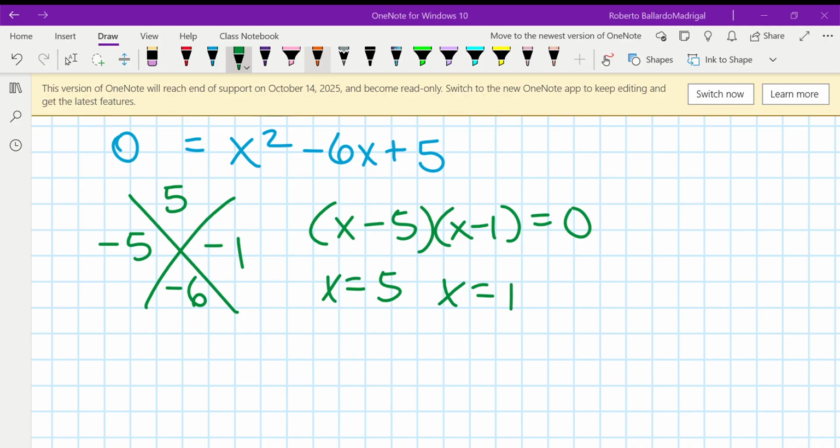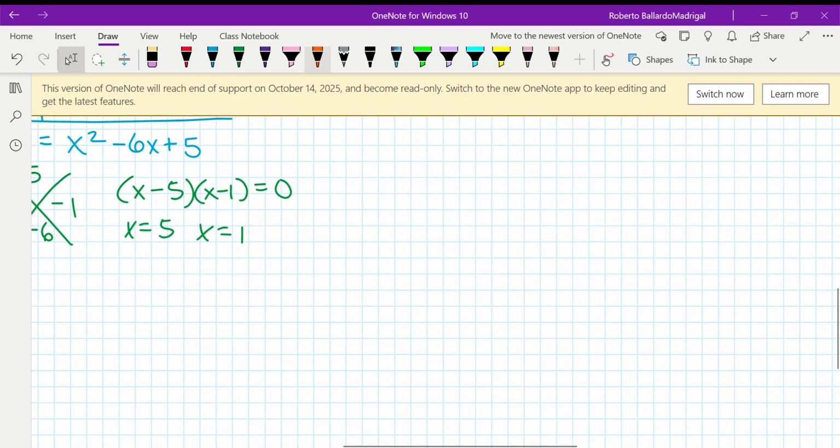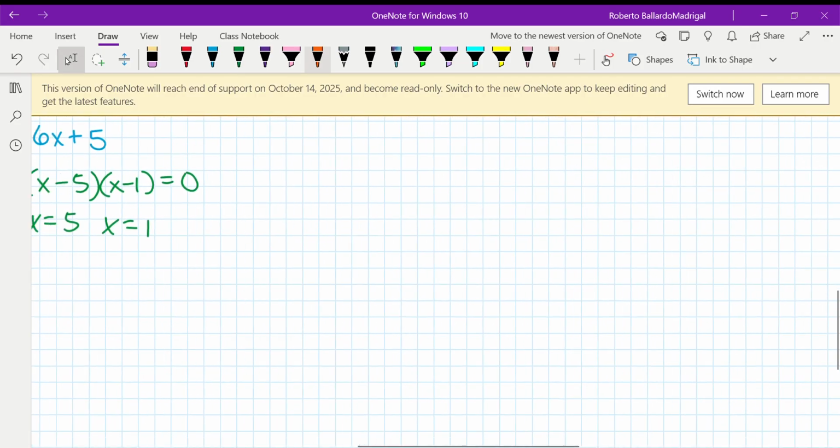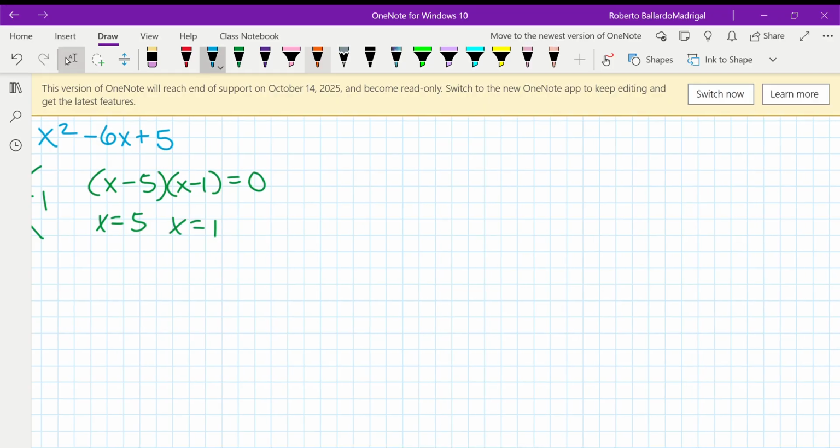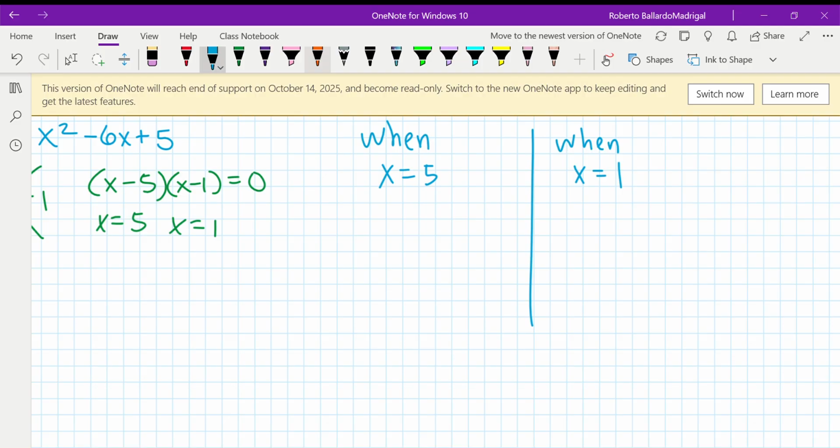So let's do that in the next step. I'll do that over here. So when x equals 5, and then we'll do when x equals 1. And you're going to have to refer back to the original problem for this. So let me zoom in.